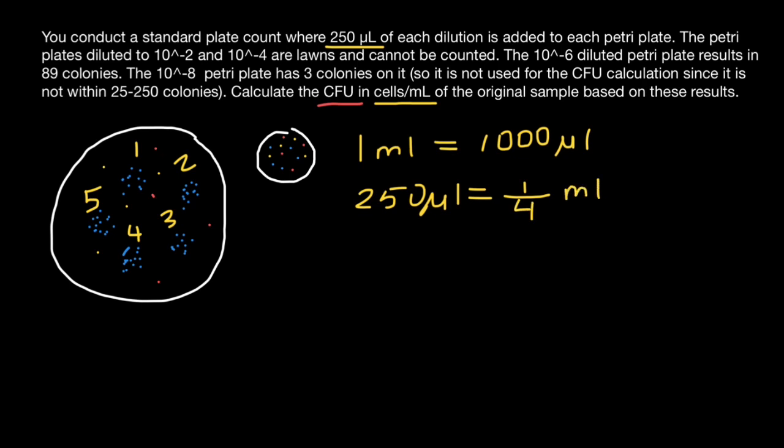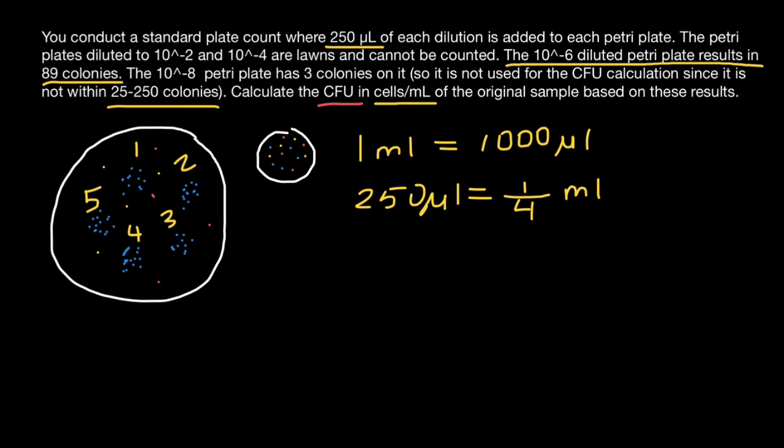Now also take a look. When we diluted our original sample 1 million times, we got 89 colonies, which is within this range, 25 to 250 colonies. We also got some colonies when we diluted to 10 to the power minus 8, which is 100 million times, but 3 colonies is not within this range, so we ignore this Petri dish.